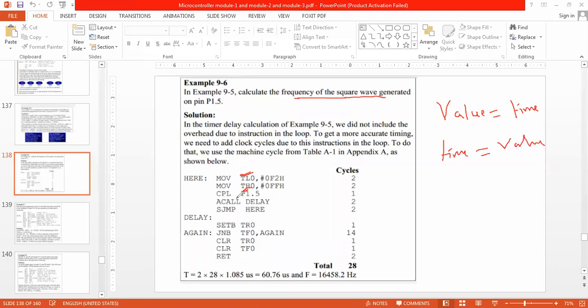Okay, this is the example: calculate the frequency of the square wave. Square wave frequency we have to find. So there is a square wave here.